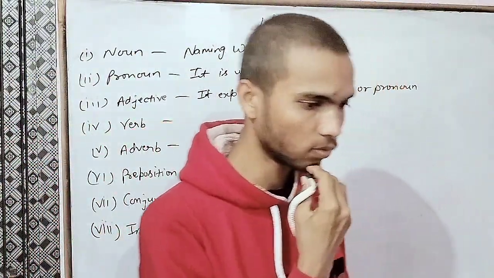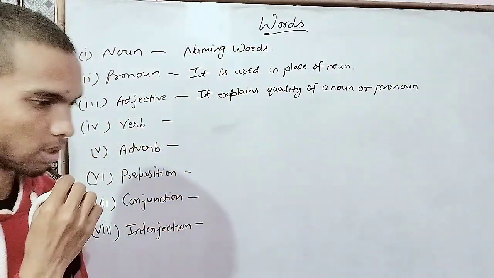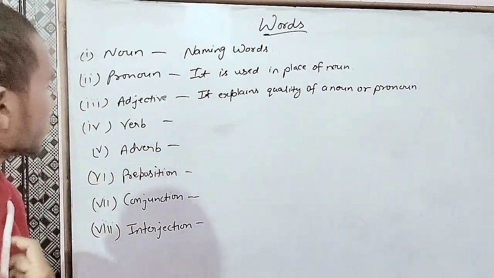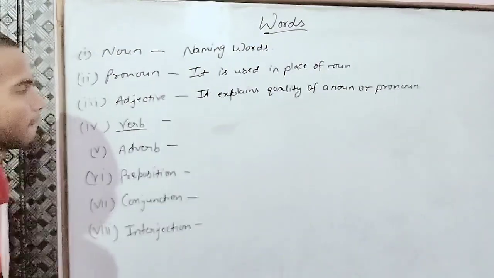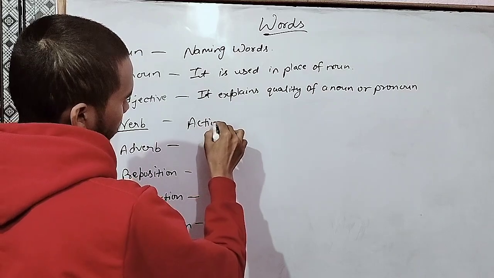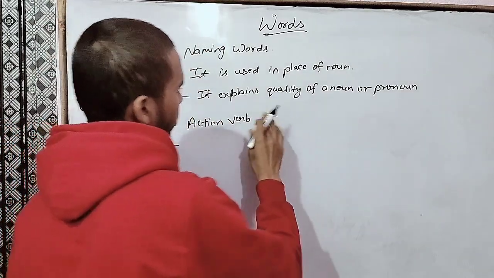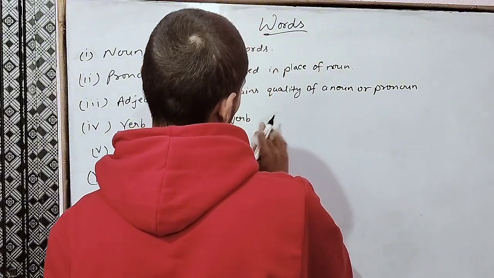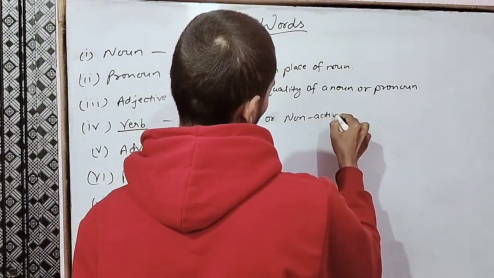Otherwise we can say for a noun or pronoun, an adjective will come. Okay. Next, verb. It says action verb, action or non-action word.